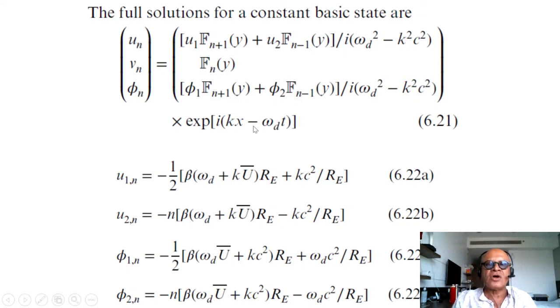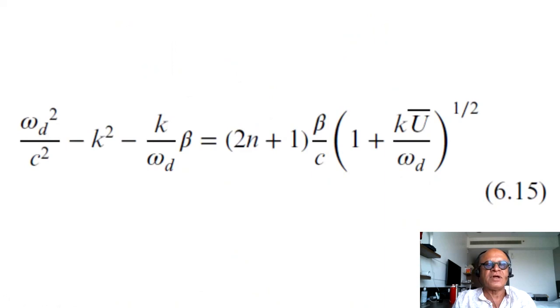So that's that complex looking thing with the solutions for U1n, U2n, Phi1n, Phi2n, and so on, written this way. Obviously, we're not going to go into the details of it because we'll basically develop a common sense about the physics involved.